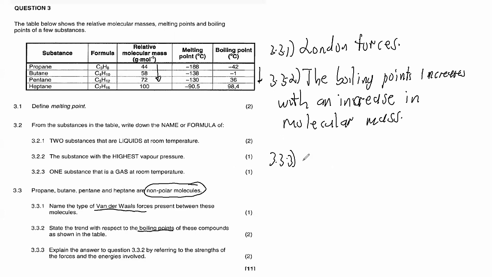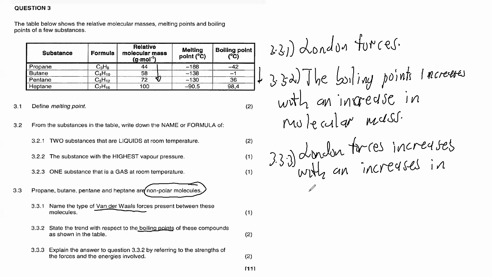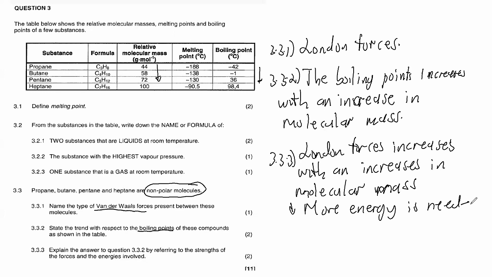So what we can do to explain is to tell them that the London forces increase with an increase in molecular size, in molecular mass, which means more energy is needed to overcome the London forces in larger molecules.